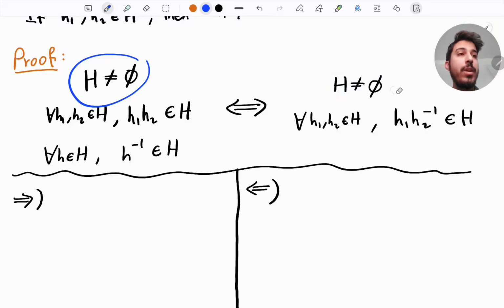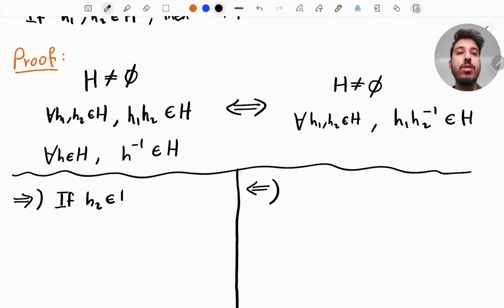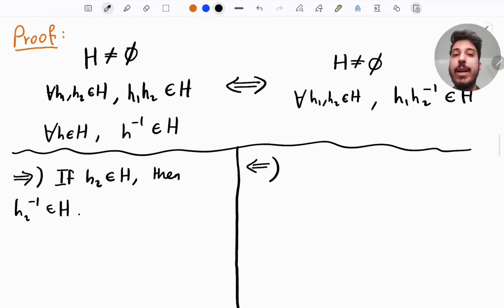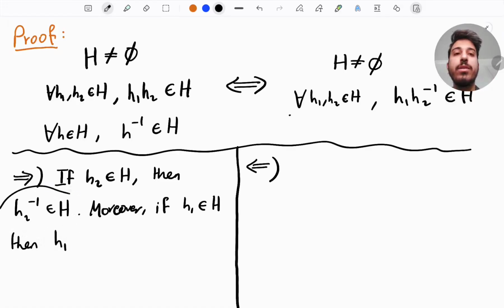To prove the second property, we need to see that if H1 and H2 are in H, then H1 H2 inverse is in H. So if H2 in particular is in H, then by this property, we know that H2 inverse is in H. So now we have access to H2 inverse being in H. Moreover, if H1 is in H, so now we have both that H1 and H2 are in H, then by this property, we have that H1 times H2 inverse is in H. Therefore, completing the forward direction of the proof.